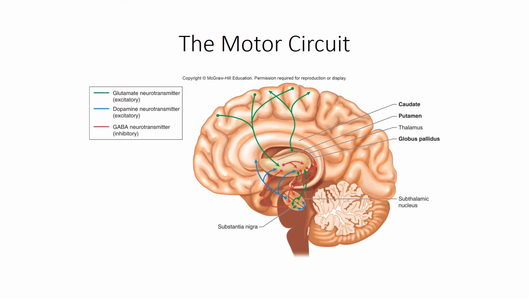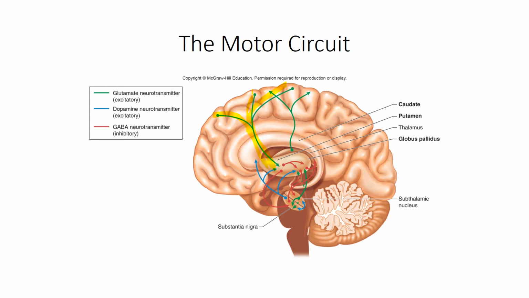So the motor circuit includes information that goes from the frontal lobe, as we see here, and then to the putamen. These neurons tend to release glutamate, which is excitatory. The putamen then will release GABA, which is an inhibitory neurotransmitter, into other regions of the basal nuclei.